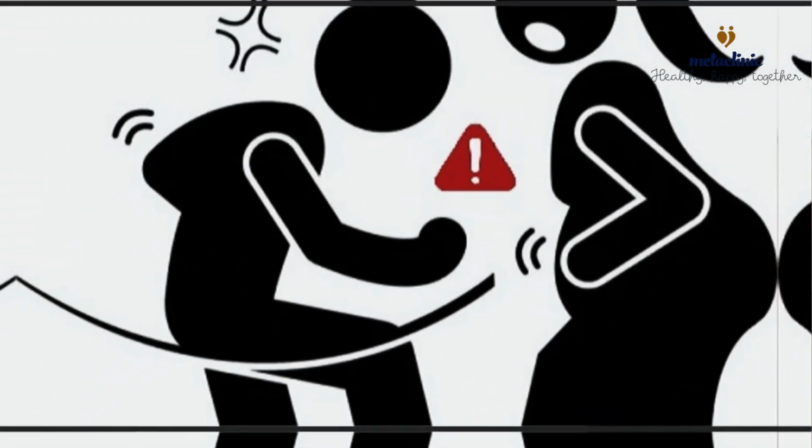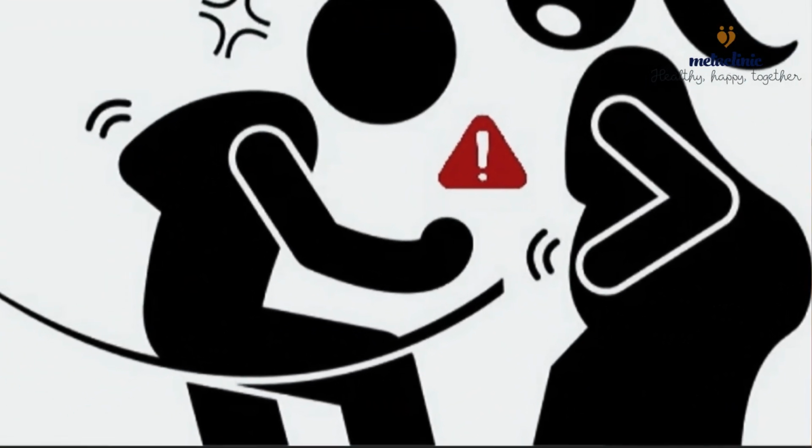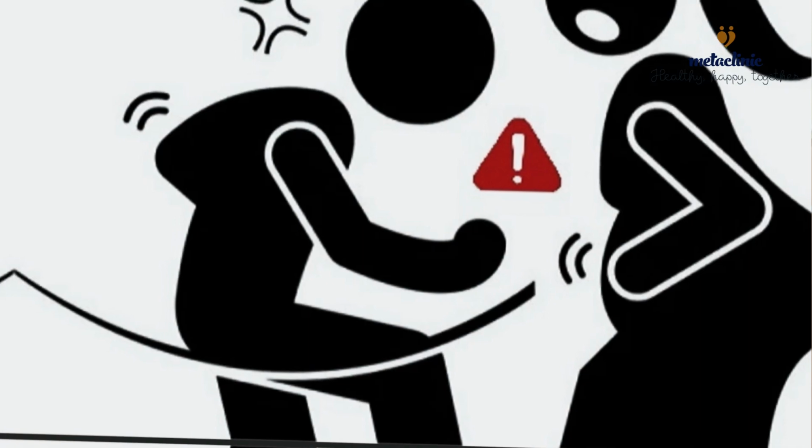Antepartum hemorrhage, or excessive bleeding before delivery, is usually caused by trauma, a kick to the abdomen of the woman, or sudden disruption of the placenta to the uterus or to the womb of the mother.